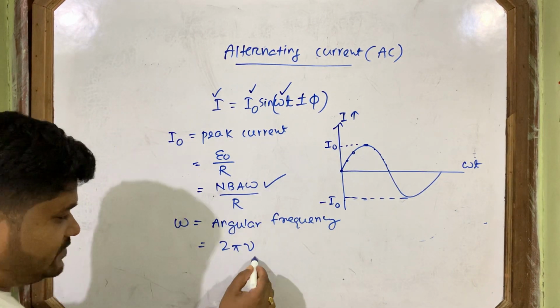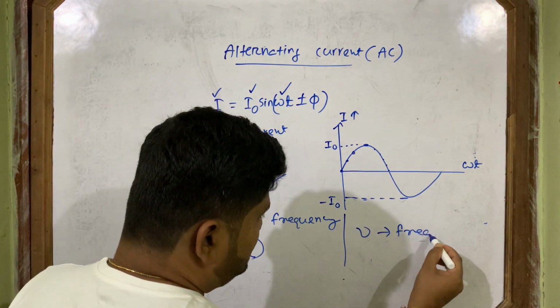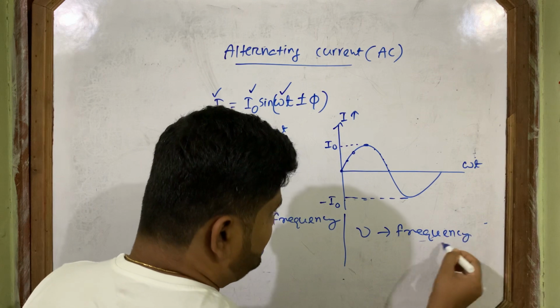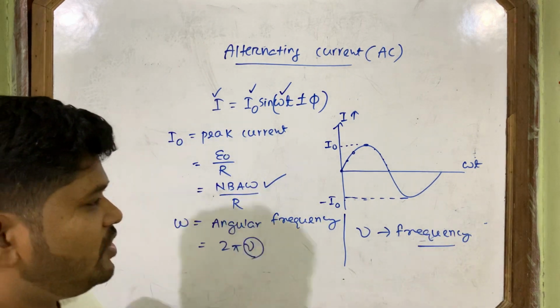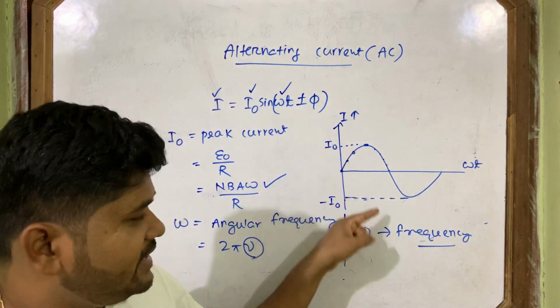And what is this nu? Now again we come to nu. So nu is called frequency. Nu is the frequency of alternating current.